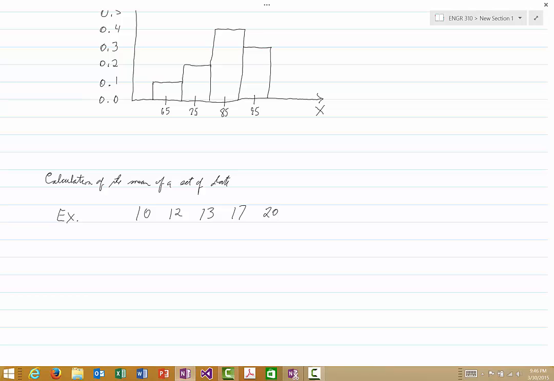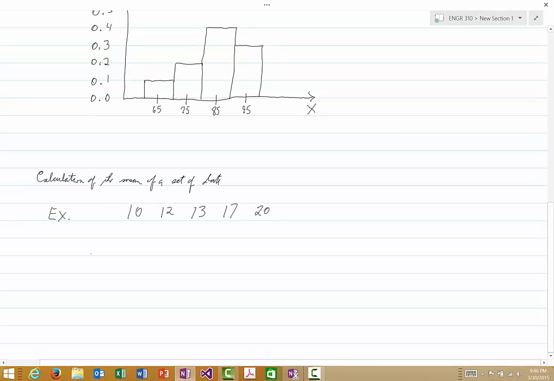Then the mean, which is frequently denoted as X bar, will be equal to 1/5. That is 1 divided by the total number of data points that you have.